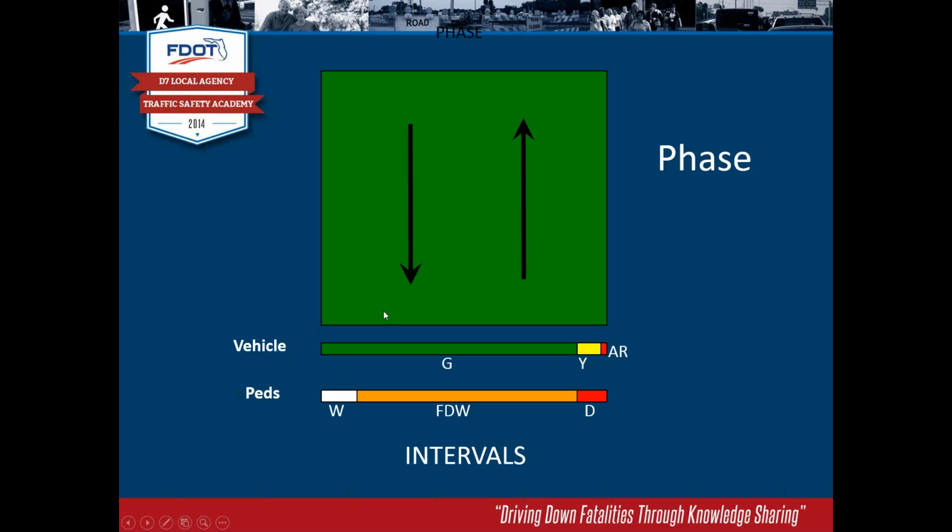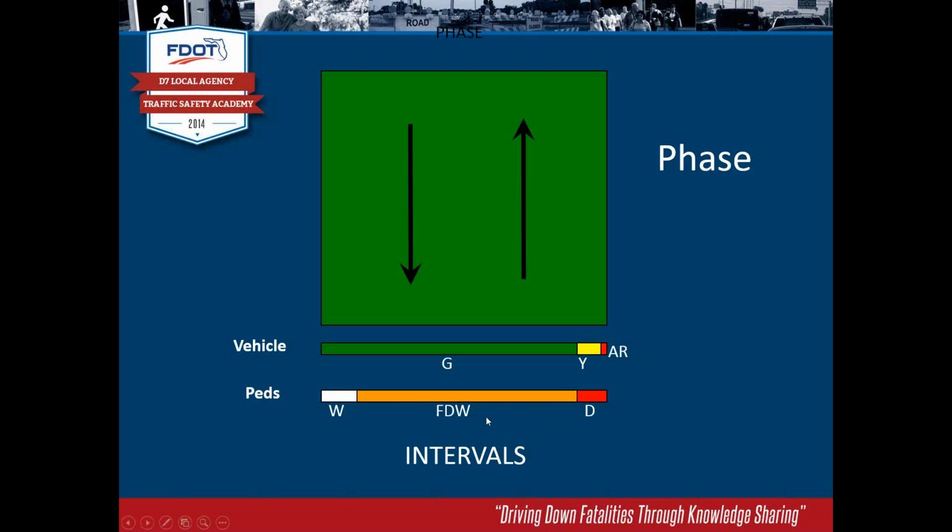For the pedestrians in this phase, if pedestrians are operational with this phase, there's a walk time, a certain period of walk time where the lunar white pedestrian signal is illuminated, and then it goes to a flashing don't walk, the flashing hand that you see, which is the pedestrian clearance time.